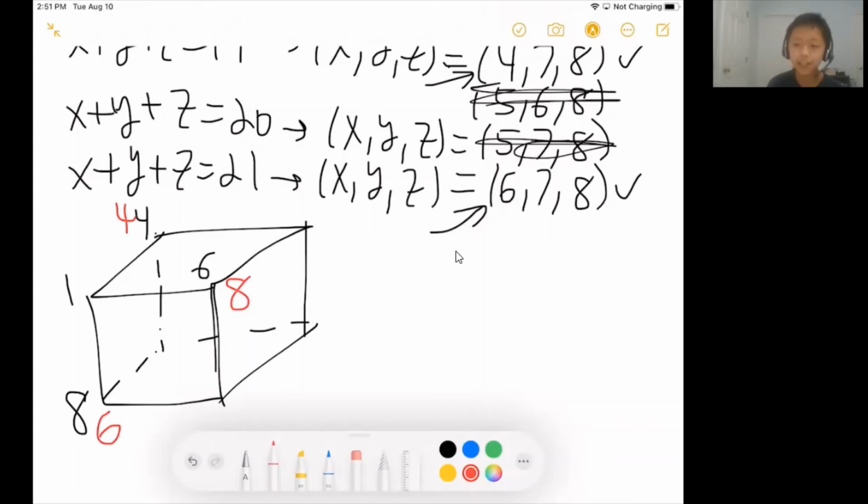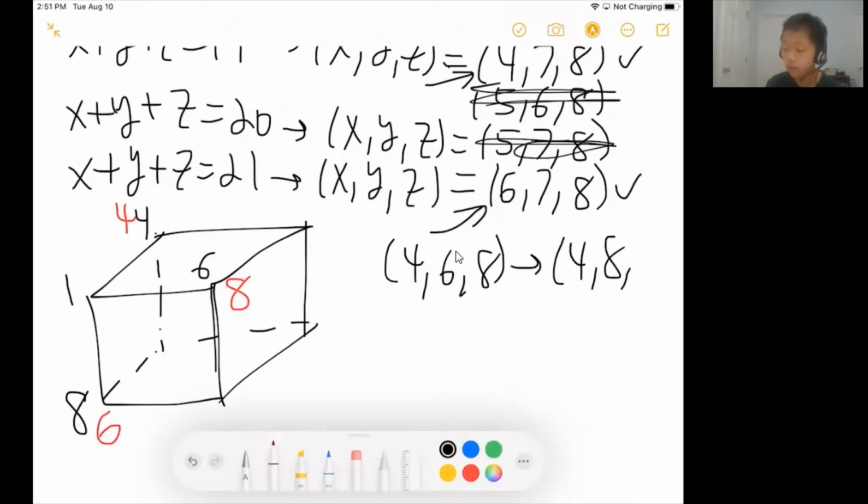So if 4, 6, 8 works, then 4, 8, 6 also works. And the interesting thing is that if you look at the black numbers, you can't rotate them so that they exactly match the red numbers. So this actually gives another configuration possibility.